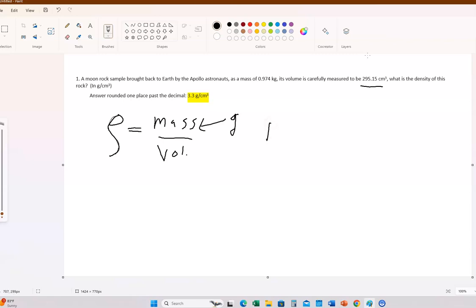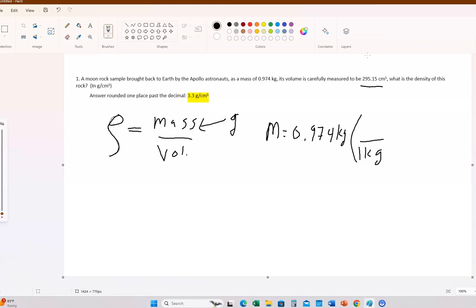All right, so let's do this. The mass of this rock sample is 0.974 kilograms. And so we know, just from our metric prefixes, that a K anything, whether it's a gram or a meter or whatever, means it's 1,000.